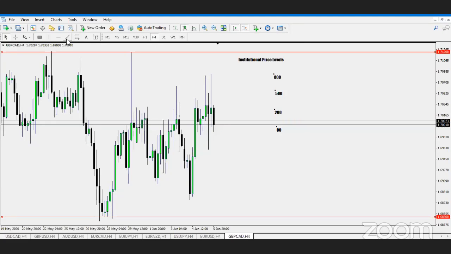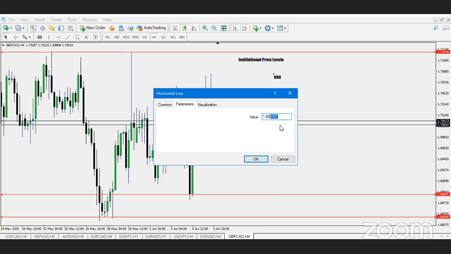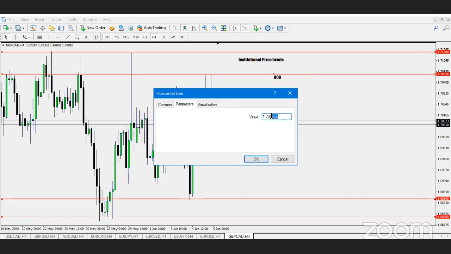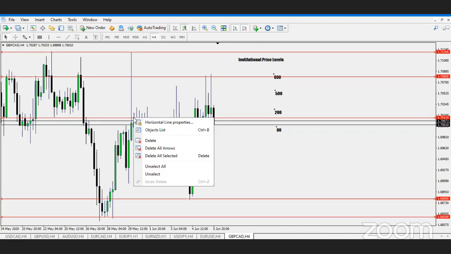You can see that when relatively strong bounces occur, these bounces or rejections will generally happen around these institutional price levels. All I'm doing here is adding these levels, and you can see how price is interacting at these levels. I'm actually not looking at the right-hand side.